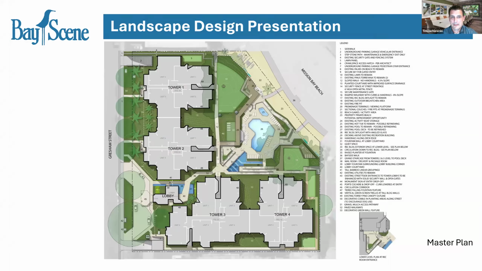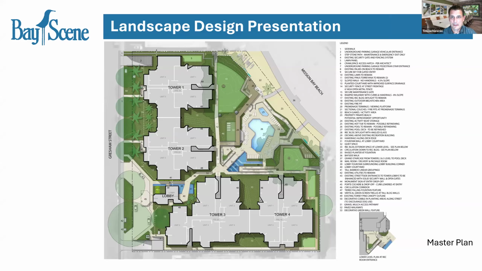And then it led into this master plan, which we're not going to get into today, other than this was the initial ideas of what areas are going to be landscape, what areas will be lawn, where the walkways may be realigned to maximize ADA accessibility and all of those types of things.